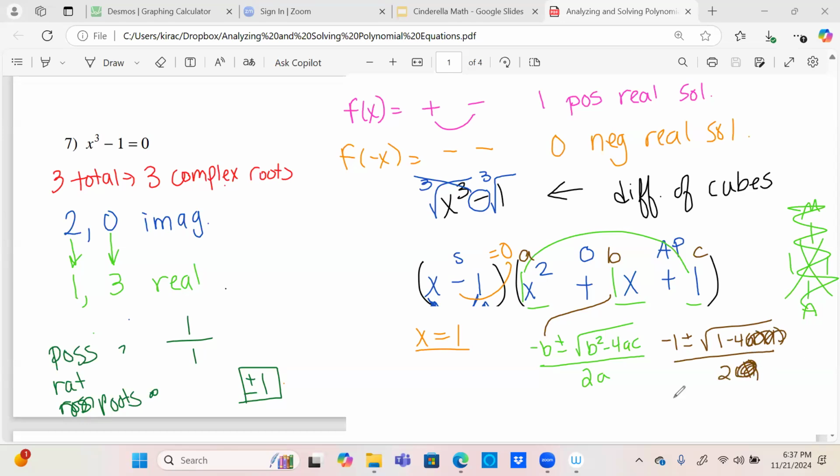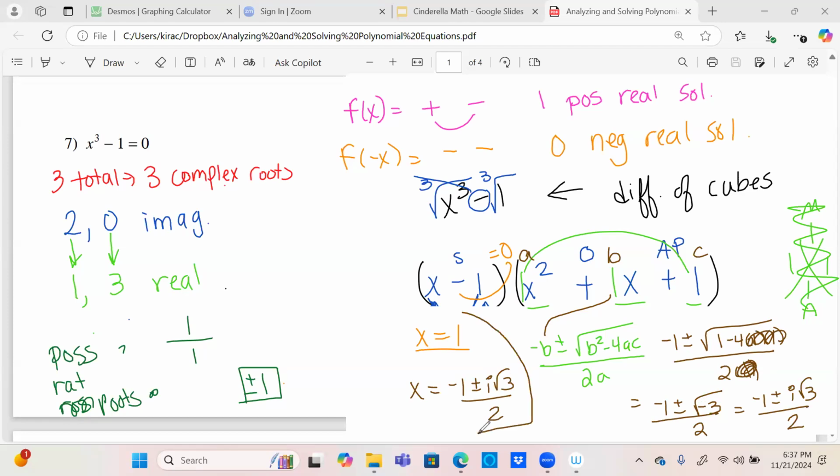So that would be negative 1 plus or minus the root of negative 3, all over 2. So negative 1 plus or minus i root 3, all over 2. And there he is. So we had 1 real and 2 imaginaries.